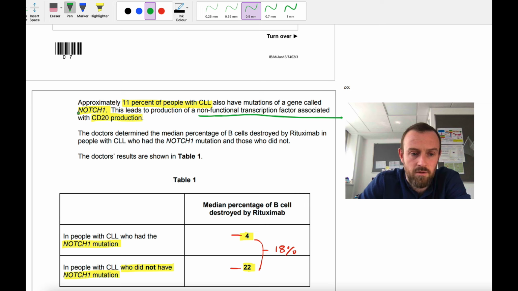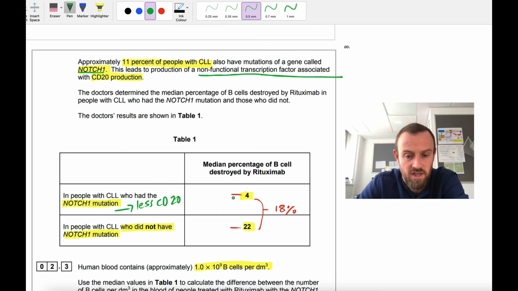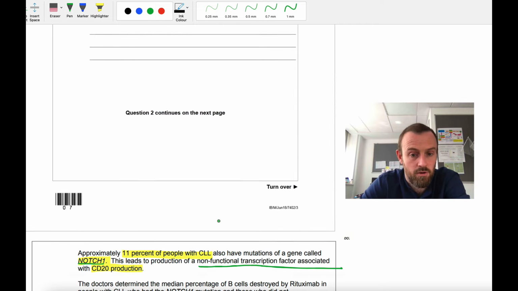So I'm guessing if Notch1 produces a non-functional transcription factor associated with CD20, this would probably mean less CD20, and that fits with this observation that it's only 4% destroyed, whereas if they do not have the Notch1 mutation, we have more CD20. And that links to this graph up here.